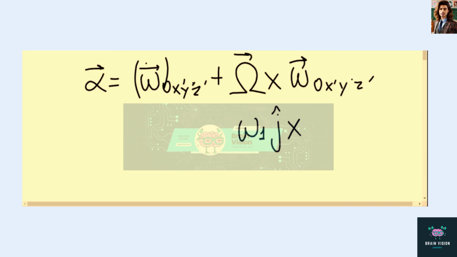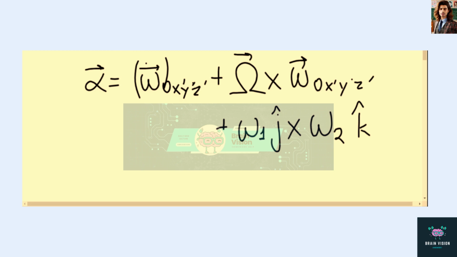An observer on this rotating frame will see the robotic arm rotating about the z prime axis with a rate of rotation omega 2. And because it is counterclockwise, this is just k hat.